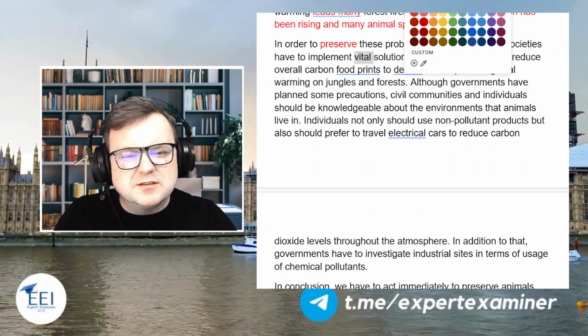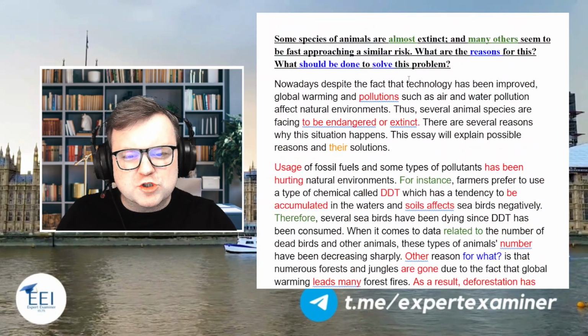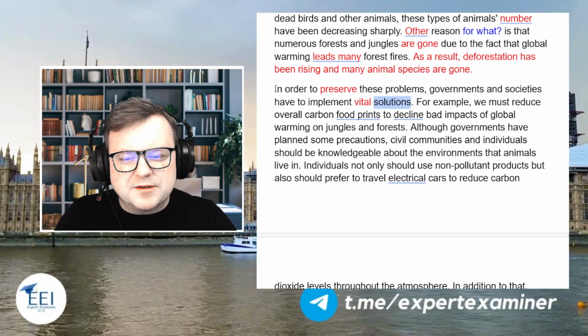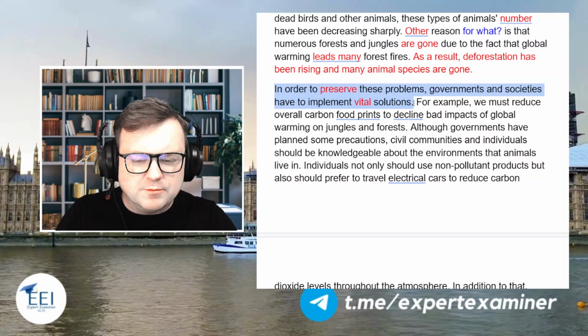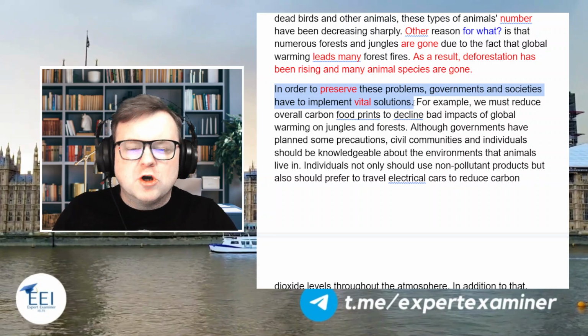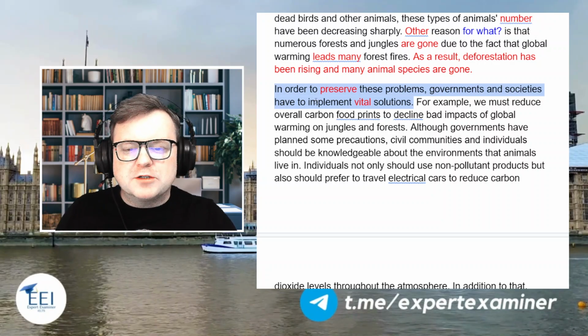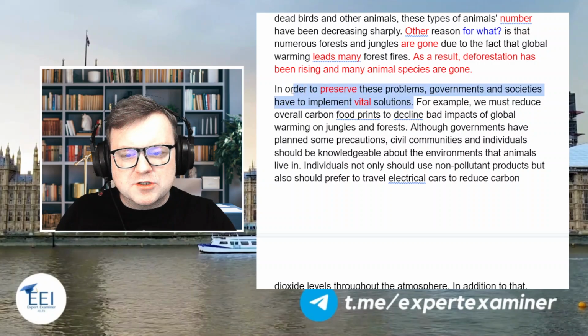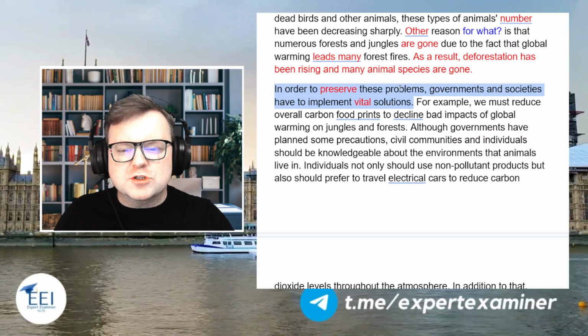It's empty. We know they have to find solutions. I'm looking for a topic sentence here. One way to solve this problem is to, or governments can fix this problem by, right? I want that as the topic sentence, not governments and societies have to implement vital solutions.